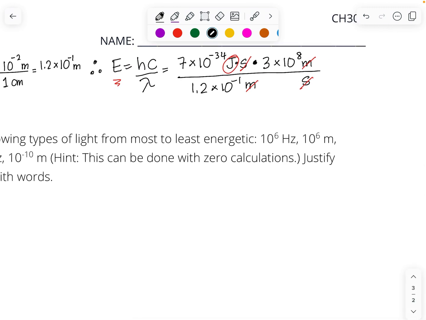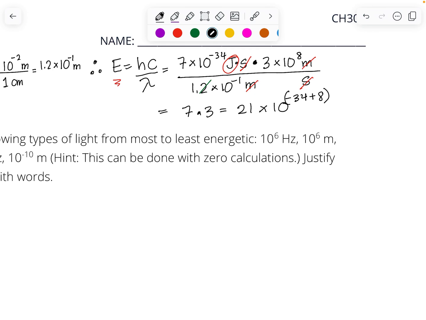Okay, so let's do it this way. How about, instead of saying 1.2, let's just call that 1. I like dividing by 1. So 7 times 3, we're going to get 21 times 10. Since we're multiplying those exponents, we're going to add them: negative 34 plus 8.